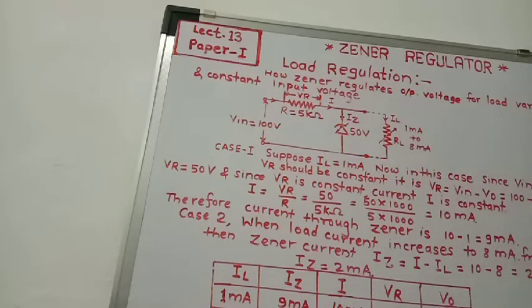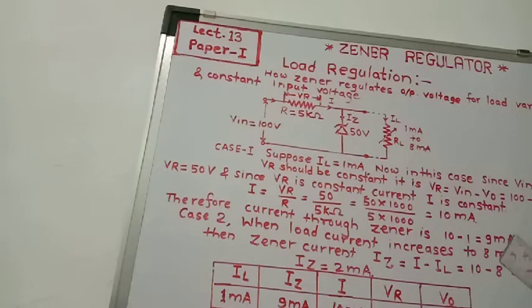In this way the output load voltage remains constant, and the Zener diode maintains the output voltage constant. Even if the load current varies or changes, the output voltage remains constant.